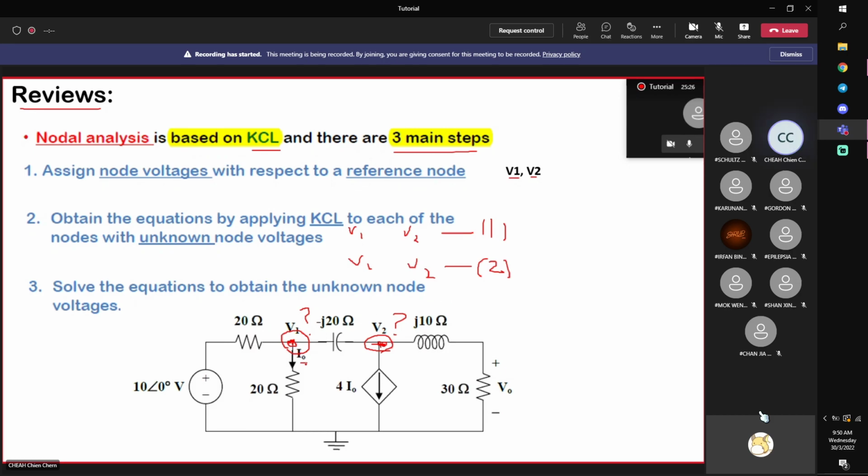So here you have I0, correct? If you have I0, you must try to relate I0 to the node voltage. How is it related? You can see here very clearly that I0 is equal to V1 divided by 20. Ohm's law, right?